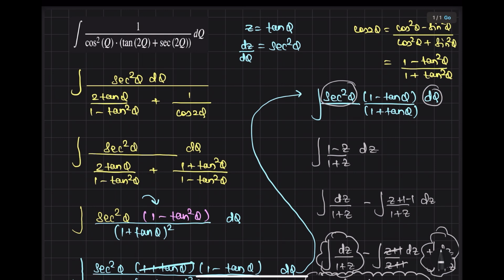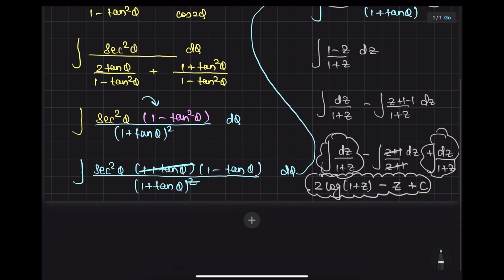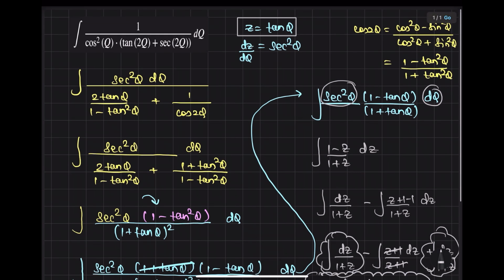Tan theta. Look at your z, z is here. So the required answer will become 2 times log of 1 plus tan theta, bracket close, minus tan theta plus integration constant c. I hope the idea is clear, and from now onwards whenever you witness trigonometric integration, you have to convert your question into tan, then take tan theta as z and try to create sec square theta. Okay.